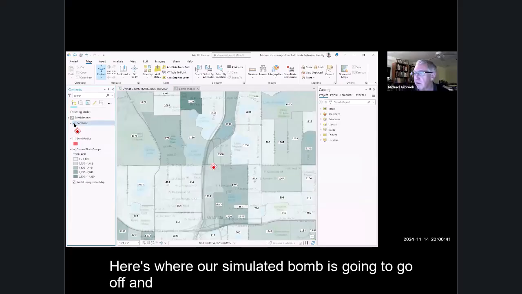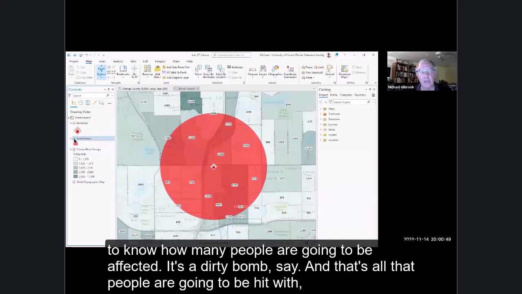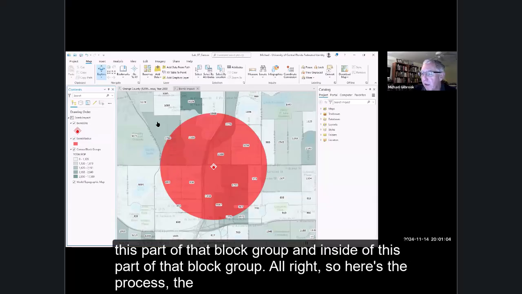Here's where our simulated bomb is going to go off, and this is the area where we expect everybody to be killed or injured. I would like to know how many people are going to be affected. It's a dirty bomb, say, and all the people are going to be hit with is radioactive cobalt or something. So I need to know how many people are inside this part of that block group and inside this part of that block group.